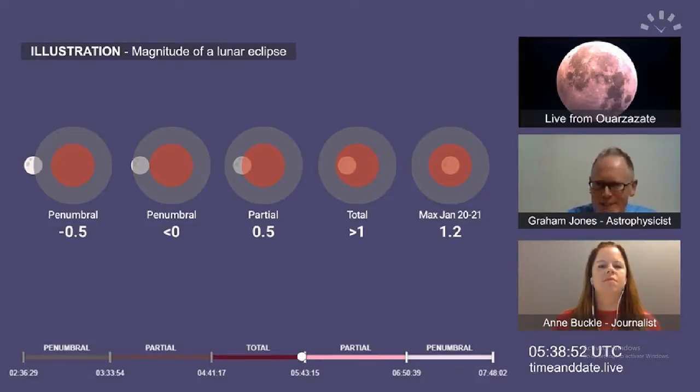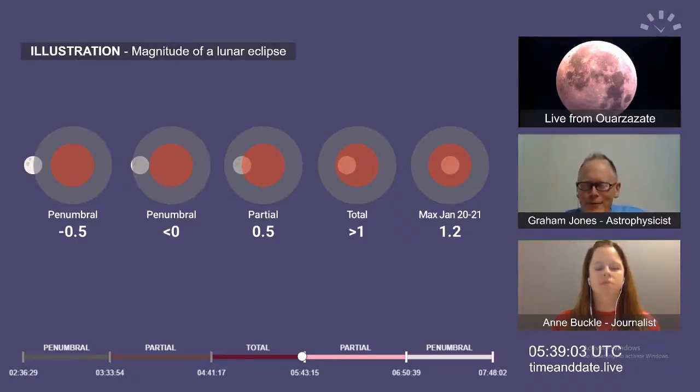Now, 6 months ago, the moon really passed through the very center of the umbra. That gave us a magnitude of 1.6. It went right through the very center. So it took an hour and 3/4 to make its journey all the way across the umbra.